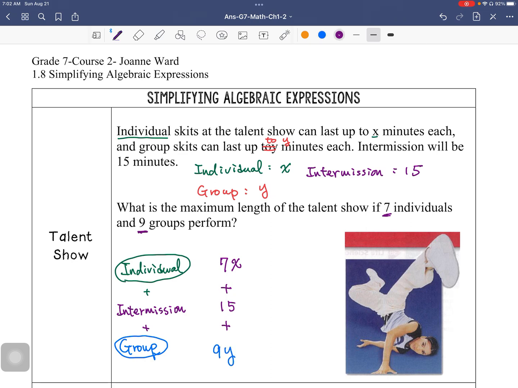So the total length may be 7x plus 9y plus 15.